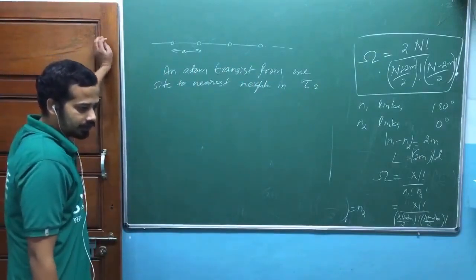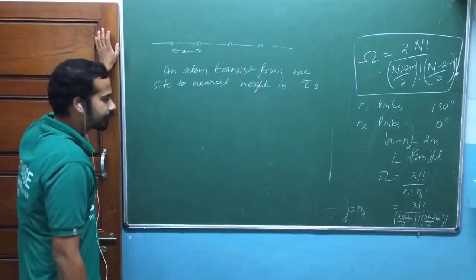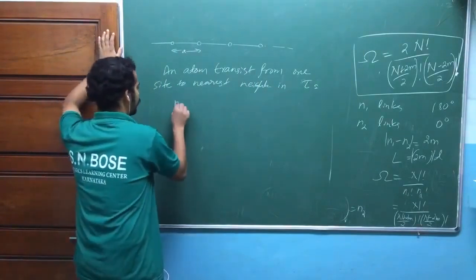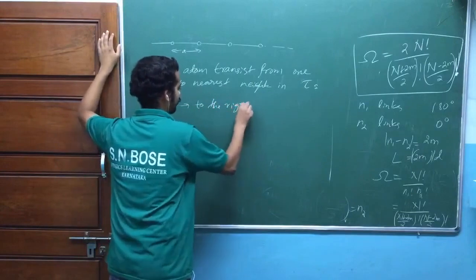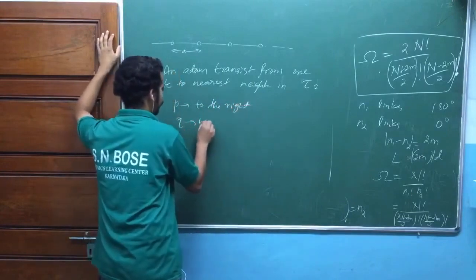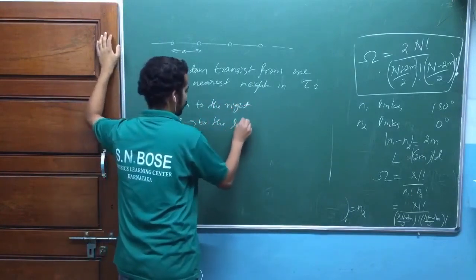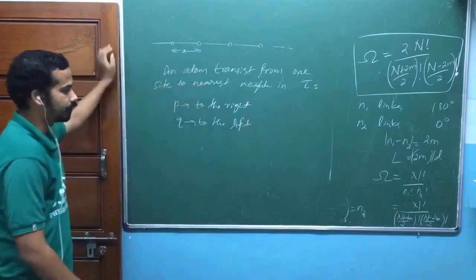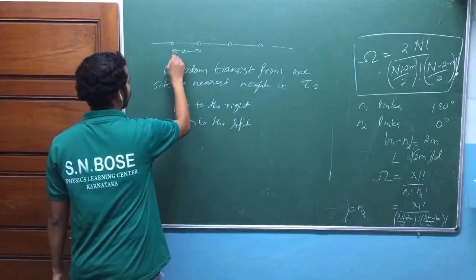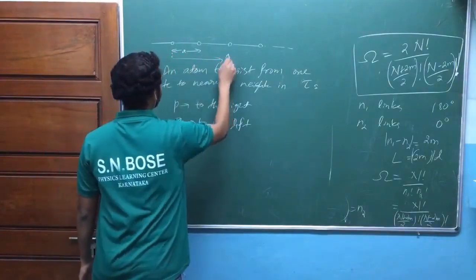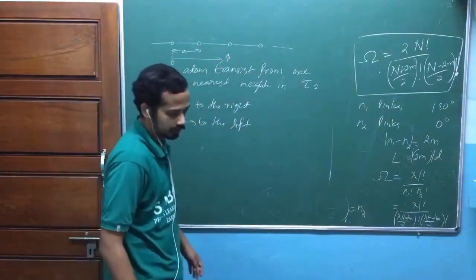Probability of transition to the right and left are P and Q. P is to the right, Q is to the left. You can take somewhere here as your origin. This is your x-axis. You can take this one as the origin like that.